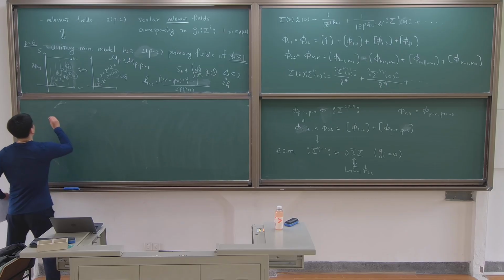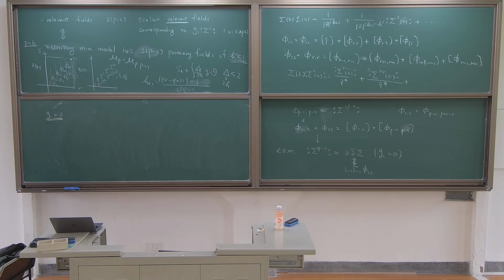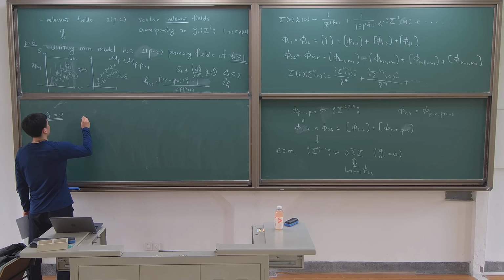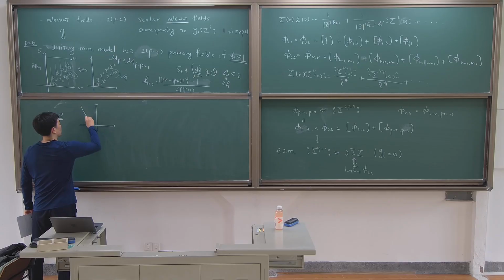Therefore, when g_i equal to 0, this corresponds to the theory with a degenerate vacuum.